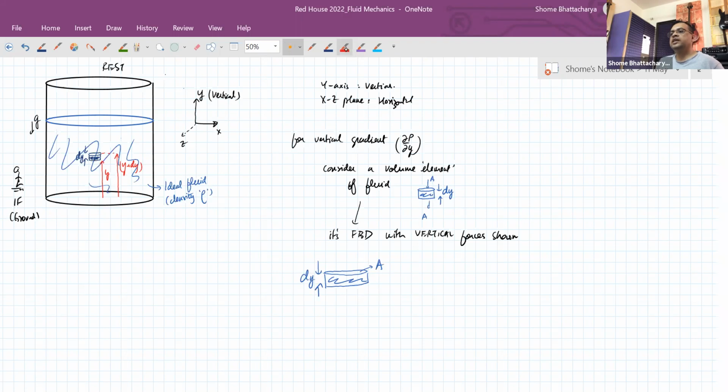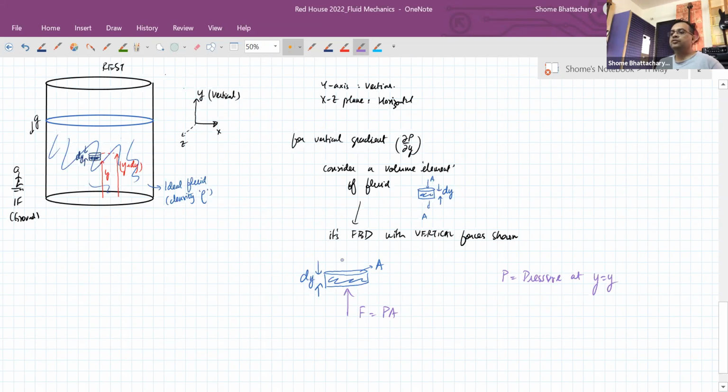It has what all forces acting on it. The fluid from below will be applying some force due to pressure. So let's write that force as F, which will be P into A. Here P is the fluid pressure at y equal to y.